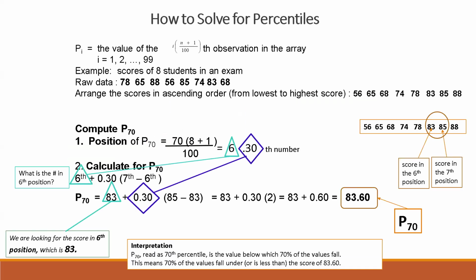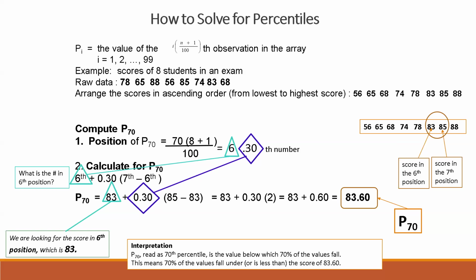We have the sixth score, which is 83, plus 0.30, which is multiplied with the difference of 83 and 85. So 83 is the score in the sixth position, and 85 is the score in the seventh position. So remember, the position 6.30 is between the score in the sixth position and the score in the seventh position.